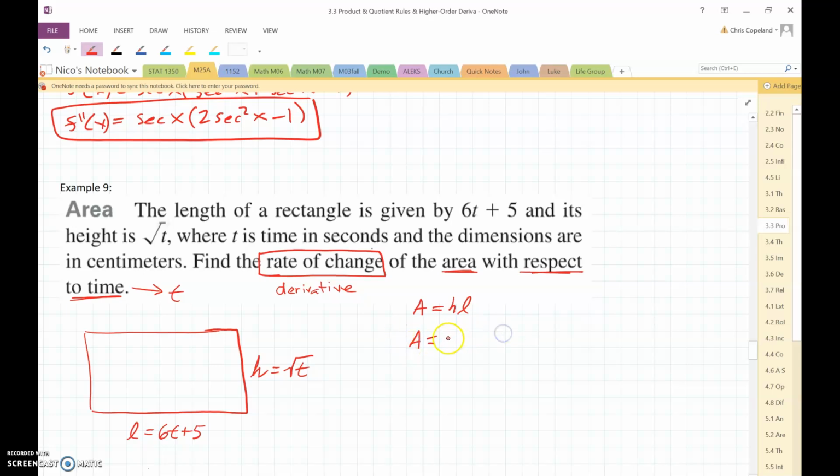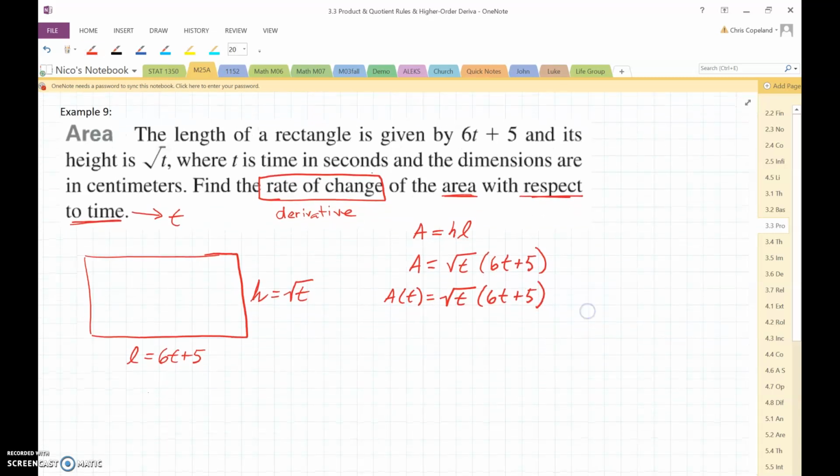The area is the square root of t times 6t plus 5. Okay, and if I wanted to, I could write this as a function. A of t equals the square root of t times 6t plus 5.